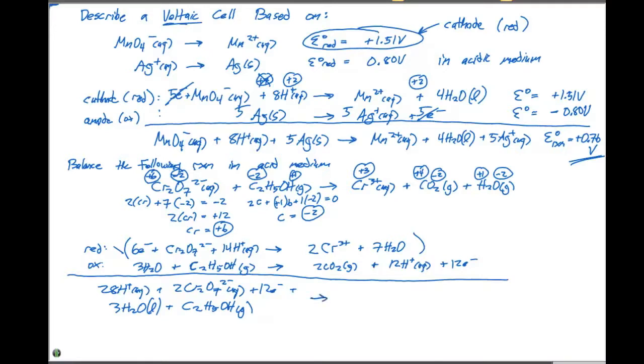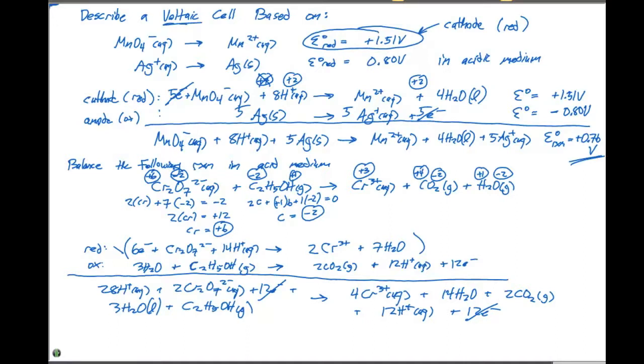This is going to give us 4 Cr3+ plus 14 waters plus 2 CO2s plus 12 H+ plus 12 electrons. In this case, the 12 electrons cancel out.